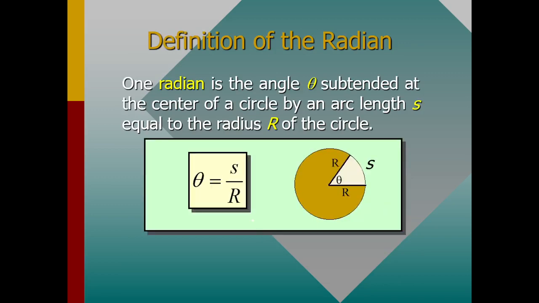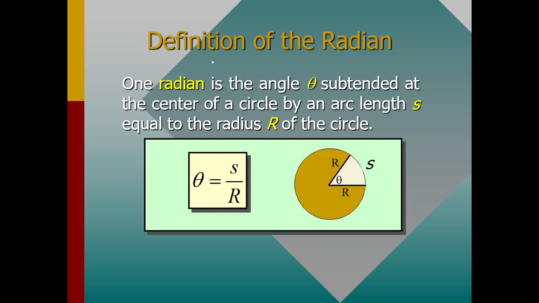Let's quickly look at the definition of a radian. 1 radian is the angle subtended at the center of the circle by an arc length s equal to the radius r of the circle.